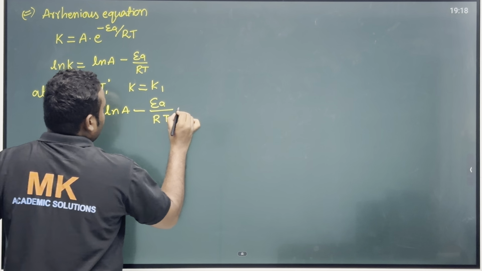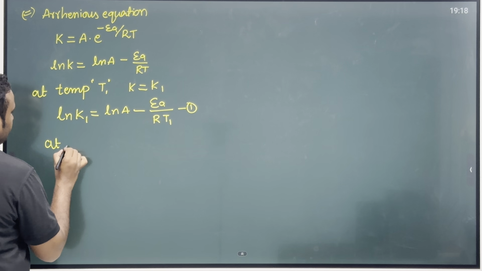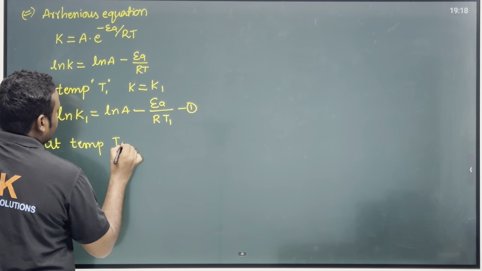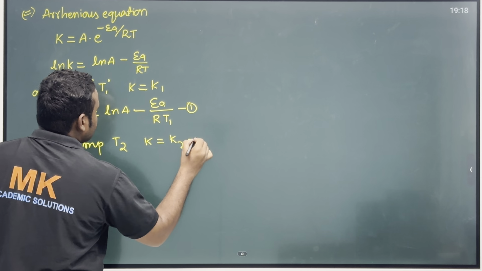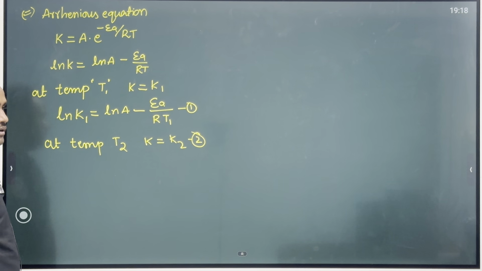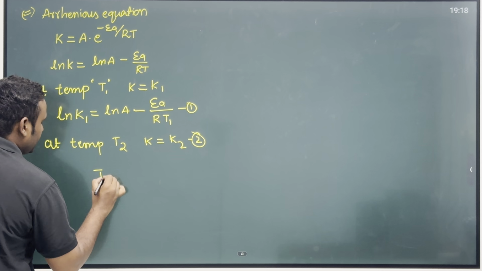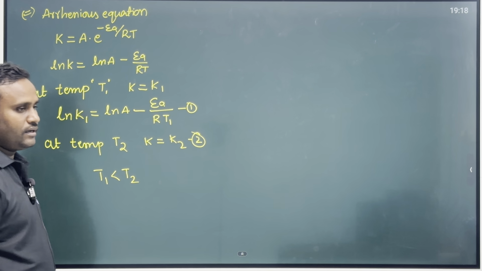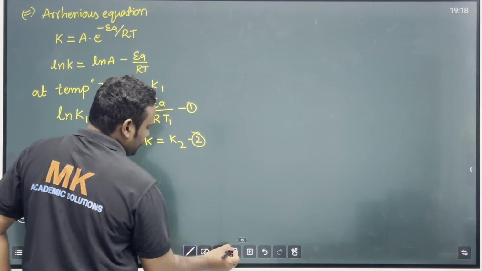This is considered as equation number 1. At temperature T2, k becomes k2, and we consider it as equation number 2. The condition is that temperature T1 is less than temperature T2, meaning T2 is greater than T1. Okay, now what am I going to do?